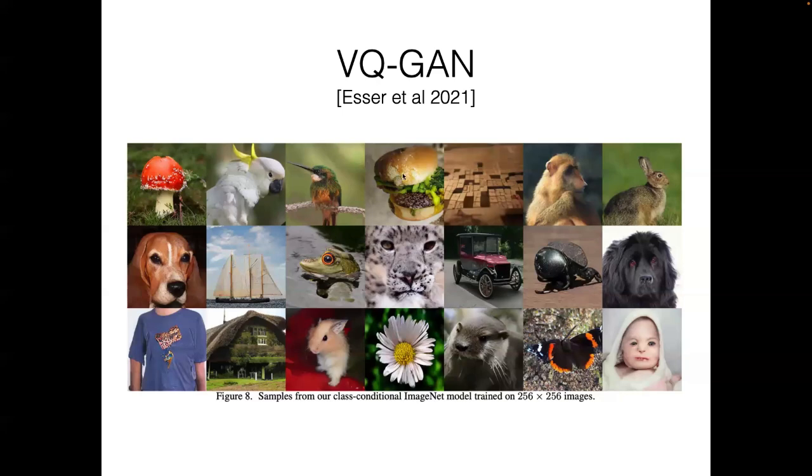So again, here they're showing the ability to generate. So not just reconstruct images, but they're actually sampling these discrete codes from the transformer and then passing them to their generator, and you get some images here.